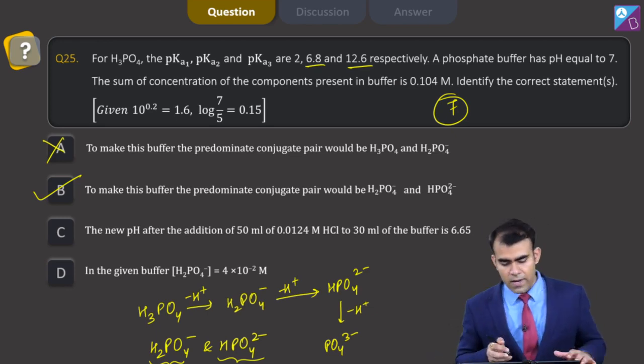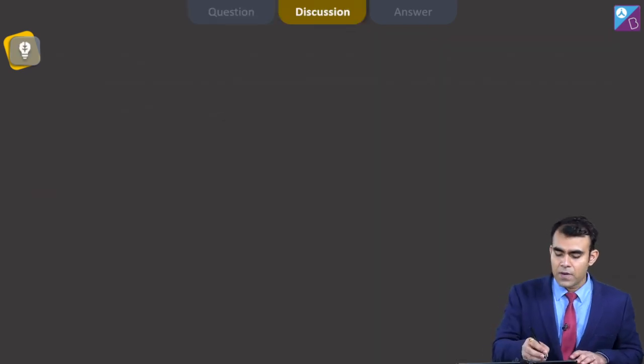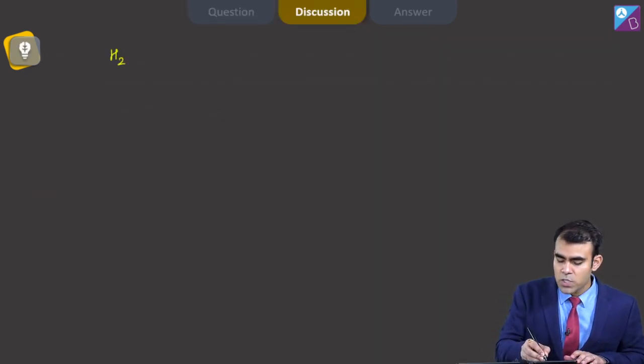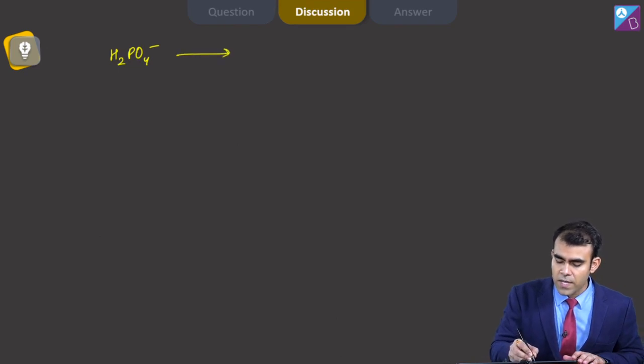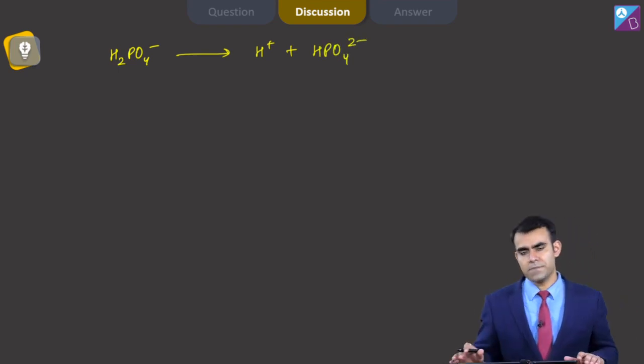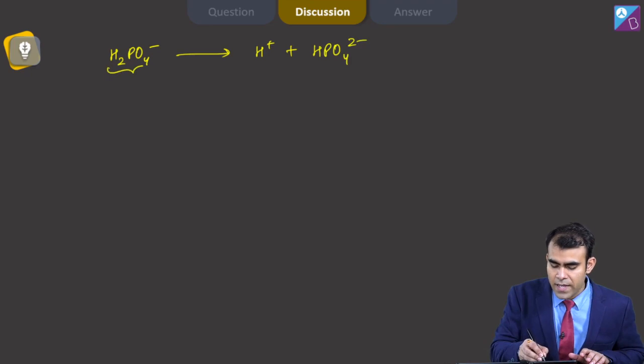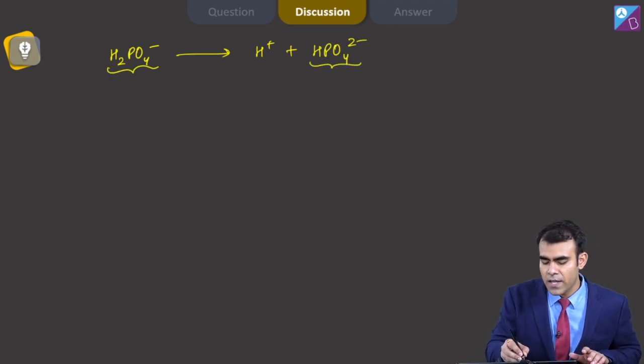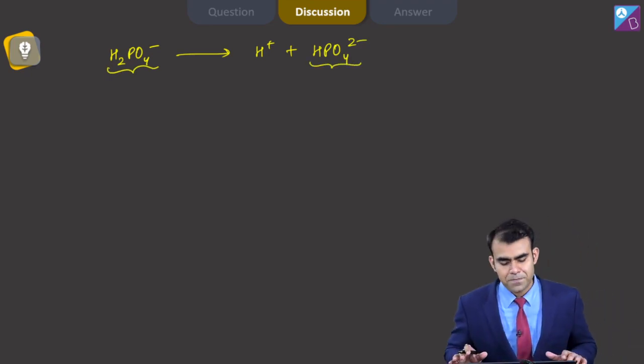So let's do that. We have a buffer which contains H2PO4 minus, which loses H plus and forms HPO4 2 minus. So this is behaving as acid and this is the conjugate base.